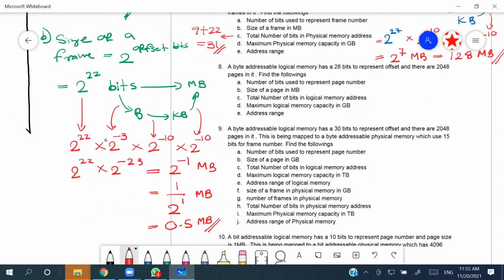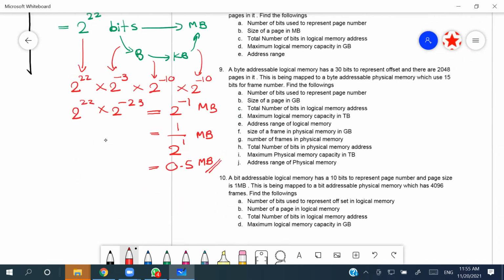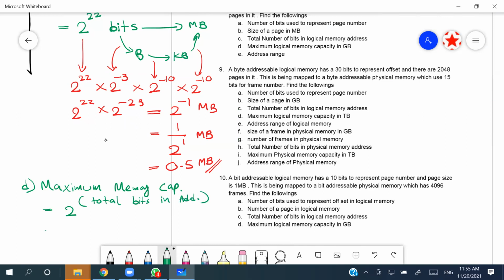The final one is asking for the maximum physical memory capacity in gigabytes. That's part D. To find the maximum memory capacity, we take 2 to the power total bits in the address, so 2 to the power 31.